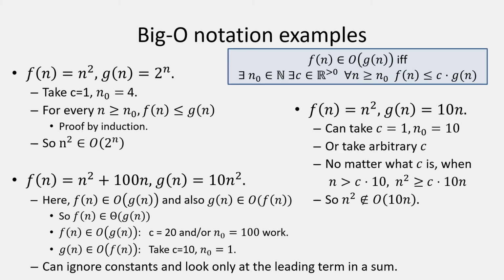So one thing to get out of it, other than constants don't matter, is that if you have a sum of different functions, you could essentially throw out all of them except for the fastest growing function and strip the constant in front of the fastest growing function, and that tells you the growth rate of your function. And a lot of the time when you see big O notation used, it will not be big O of a complicated long summation with constants.